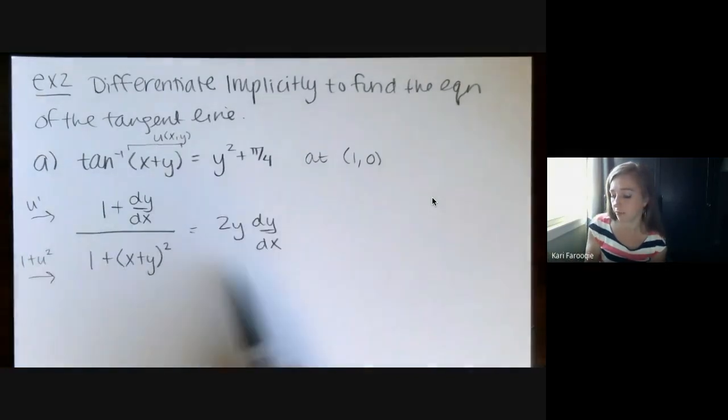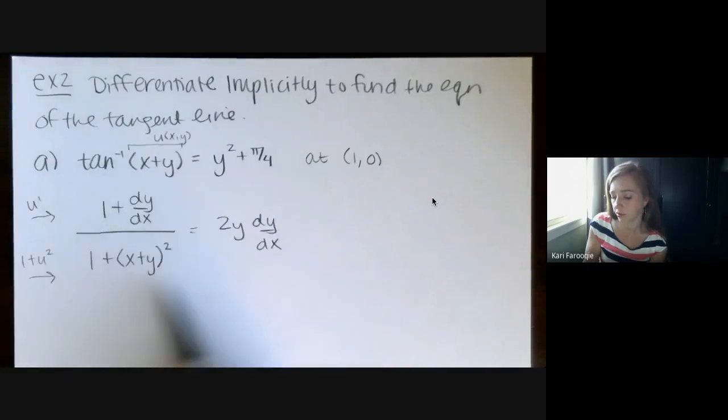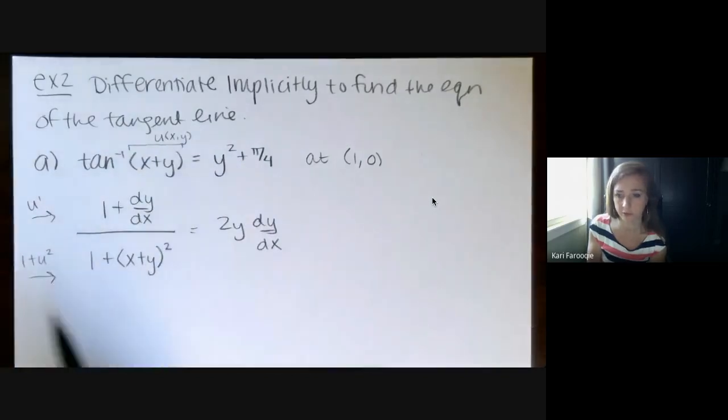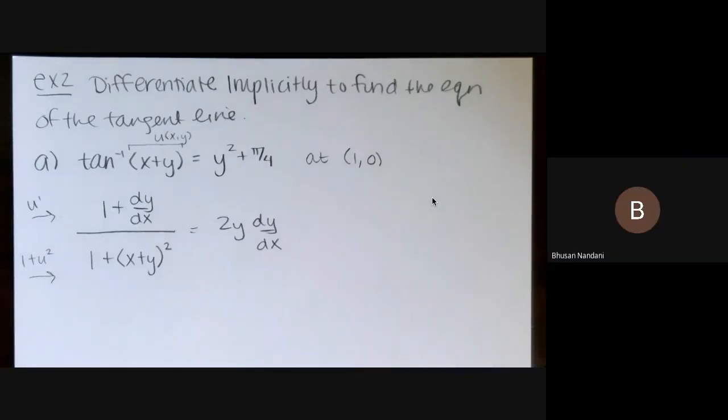Okay, so this is the hard part. I already did it. Does anyone have a question here? Because if you're going to have questions, it's probably here. Go ahead, Busan. Where did you get the 1 plus dy/dx in the numerator?